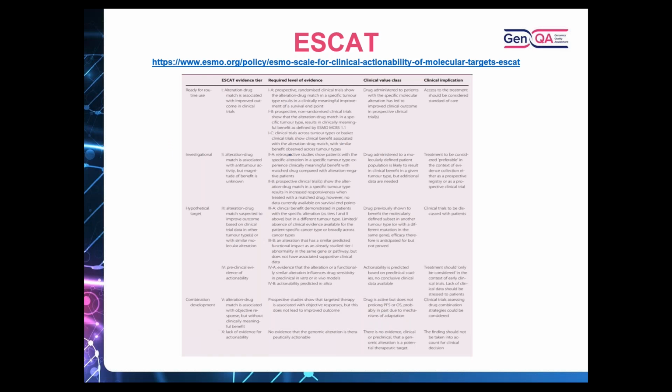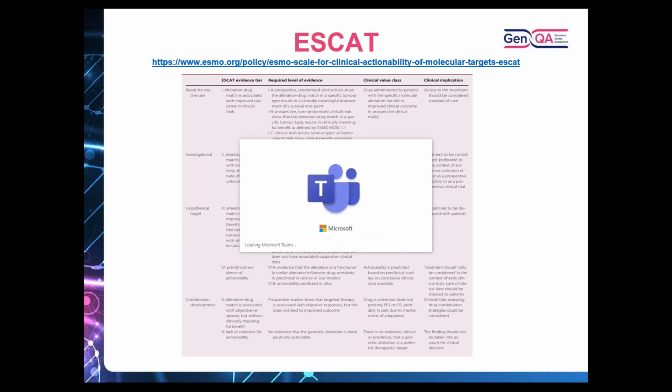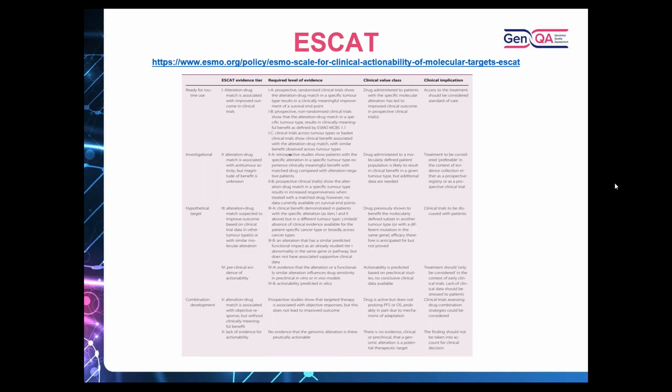Tier 2 variants are those investigational targets that likely define a patient population that benefits from a targeted drug, but additional data are needed. Tier 3 is clinical benefit previously demonstrated in other tumour types or for similar molecular targets.